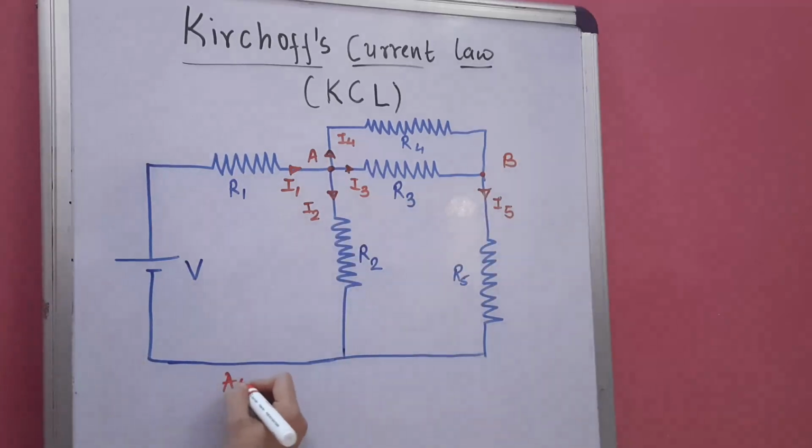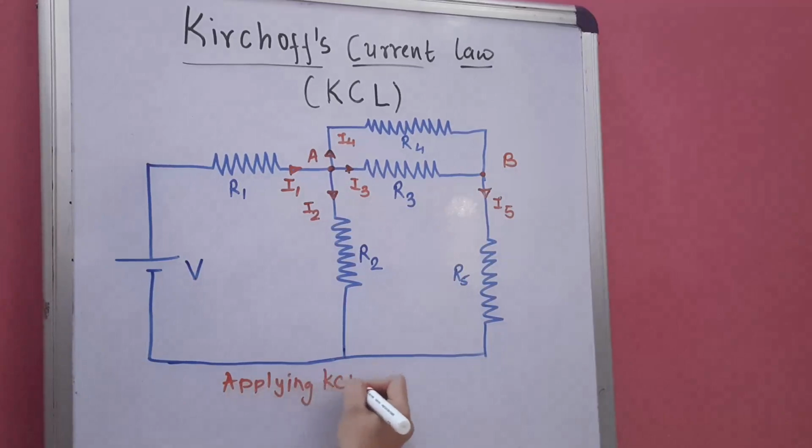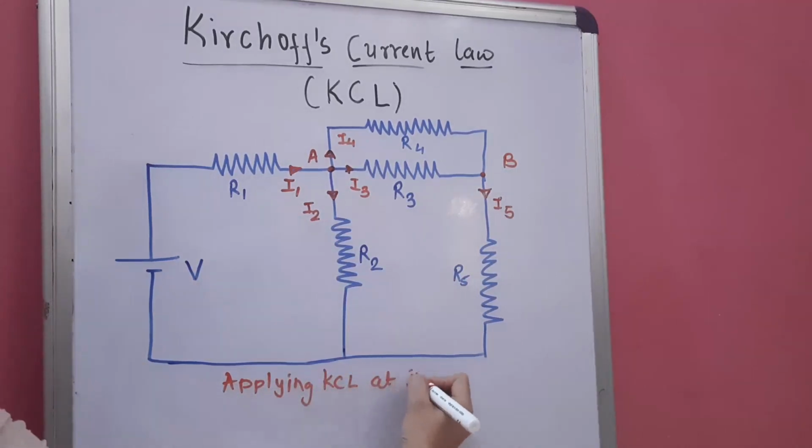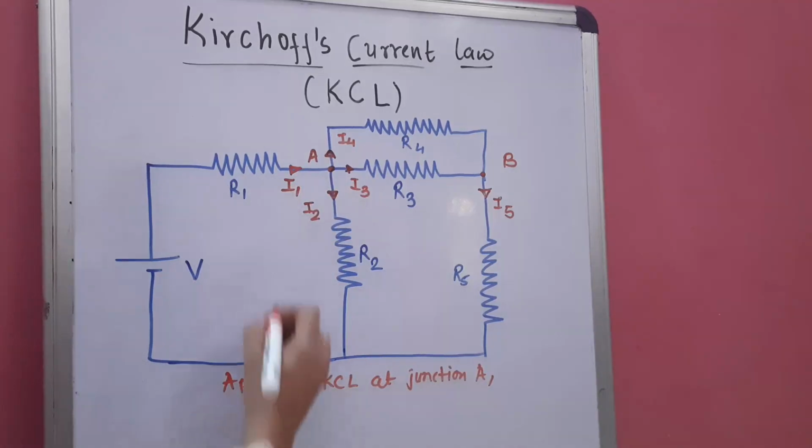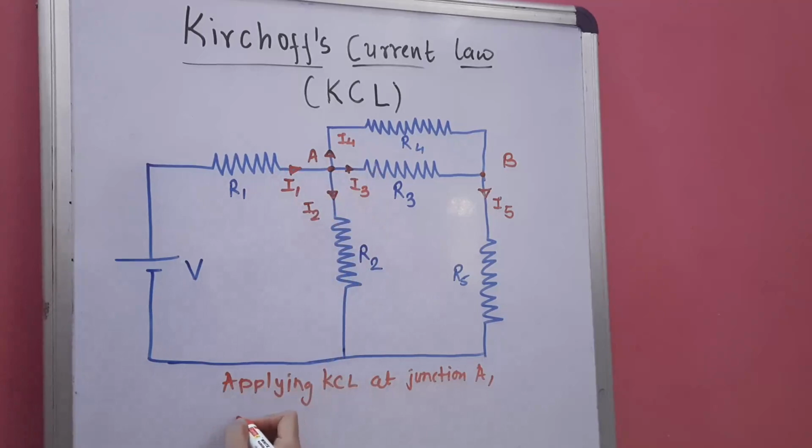Now I am applying KCL at junction A. So I have to write the algebraic sum. Suppose for incoming current I am taking positive sign, and outgoing current I am taking negative sign.